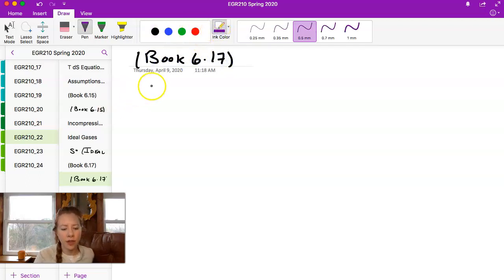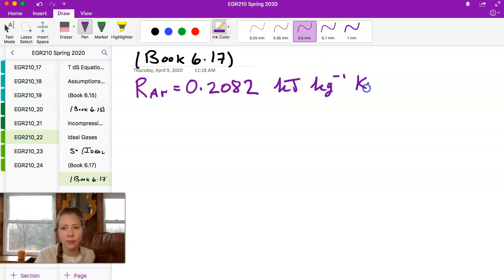Now, we know that we can look up R, so the gas constant for argon is going to be 0.2082 kilojoules per kilogram Kelvin. And Cv is going to be R over k minus 1.